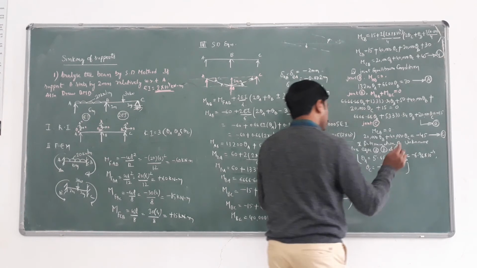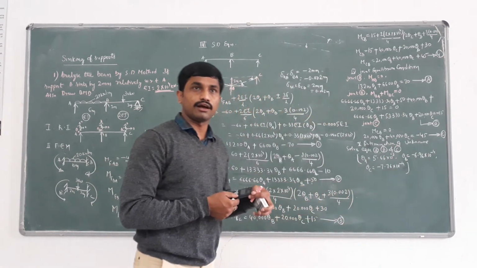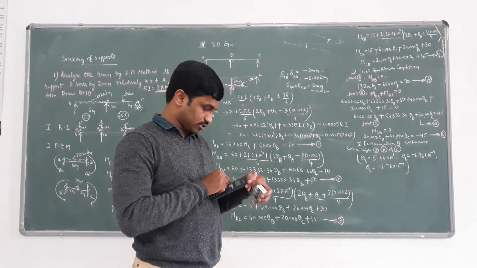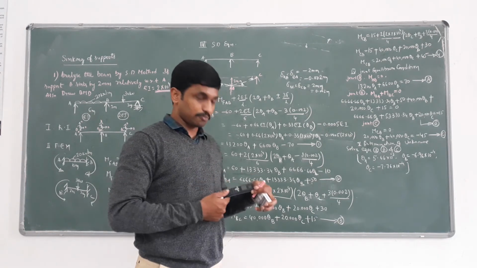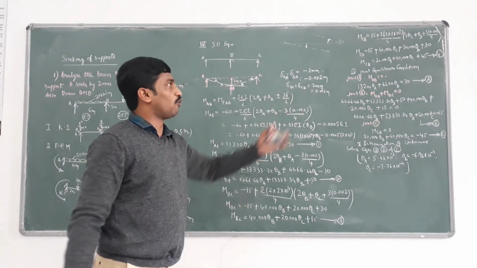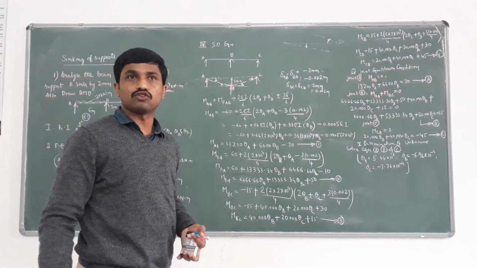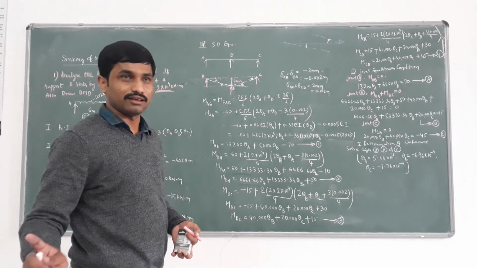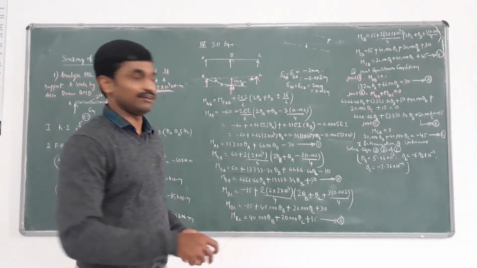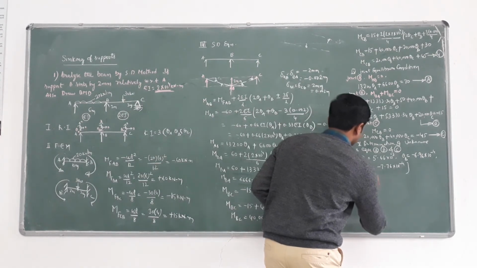This is the value of theta A, theta B, and theta C. Now the last step is to substitute these values in equations 1, 2, 3, 4. We are getting the values of MAB, MBA, MBC, MCB. The last step is final moments.